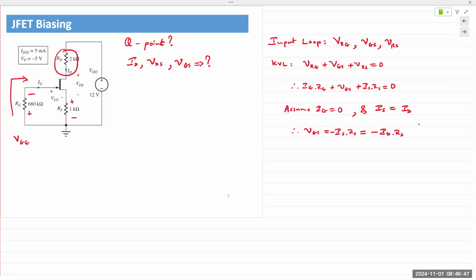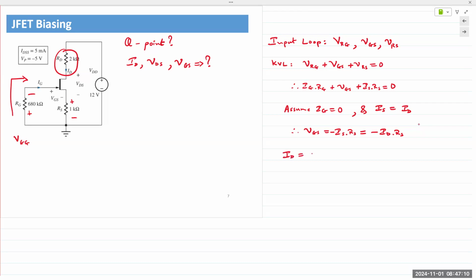So now we have two unknowns. We need to find VGS. We need to find ID. How can we find ID? VDS is also unknown. But we just looked at the equation for ID in the previous slide, so we can use that.